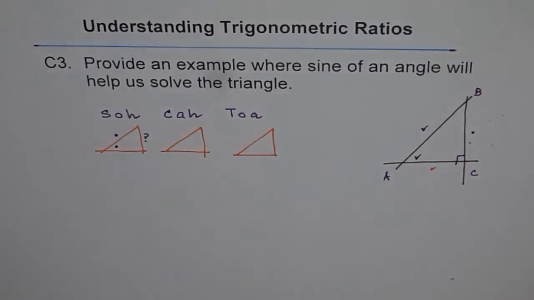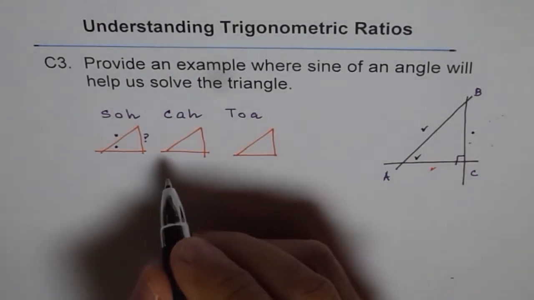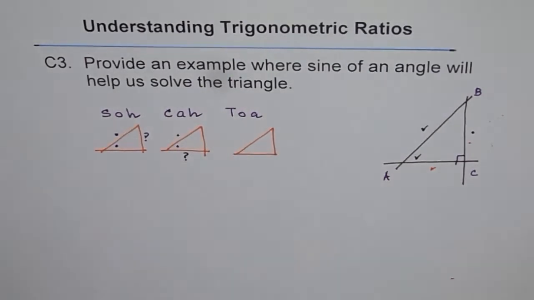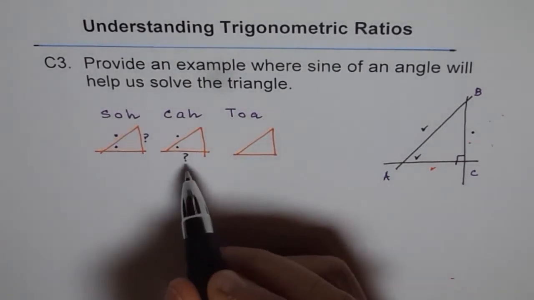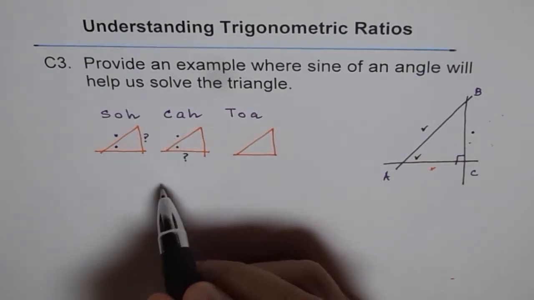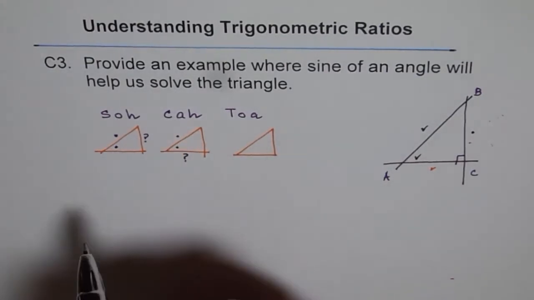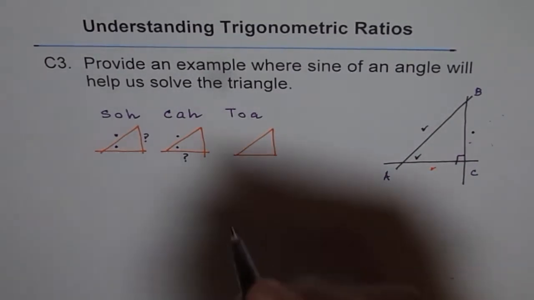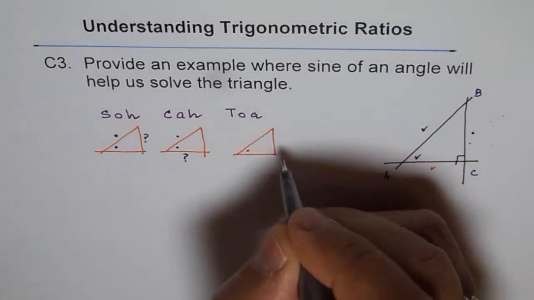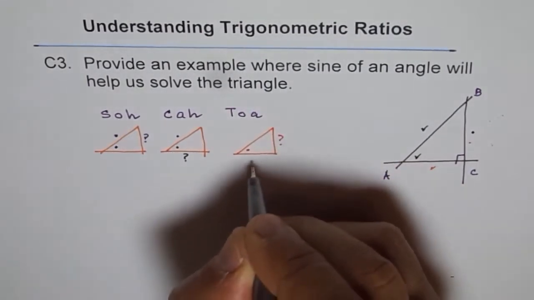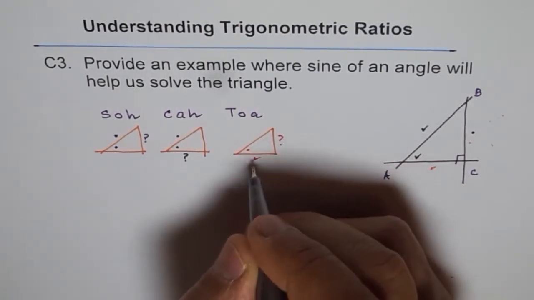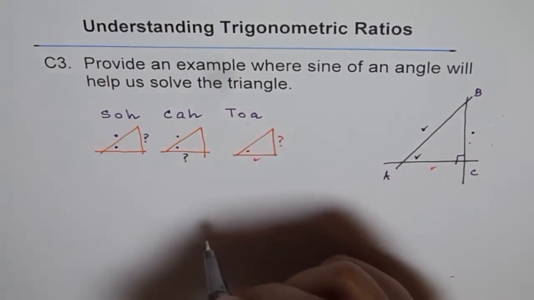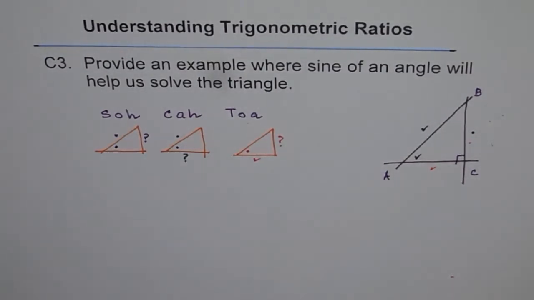Now let us take another scenario where we need to find this and we are given these two things. Since we are involving the adjacent side and hypotenuse with the angle, we should use cosine. Now, if there is a situation where this is given to us, we need to find that and we know this, the relation should be opposite over adjacent, tan. So that is how we should deal with it.